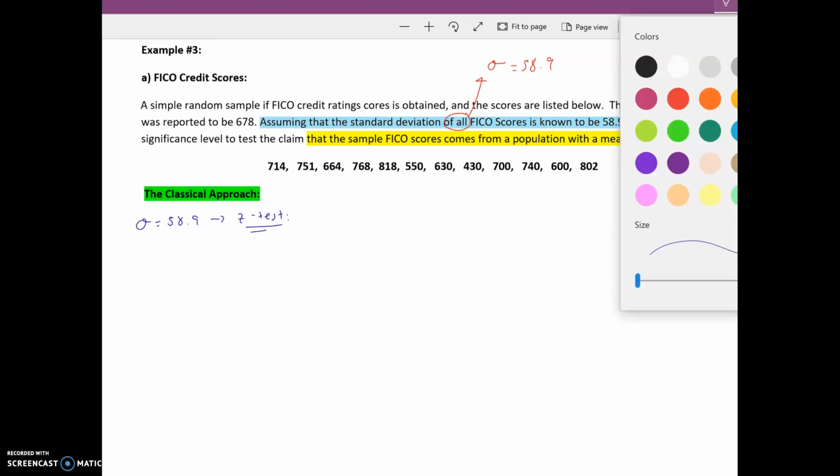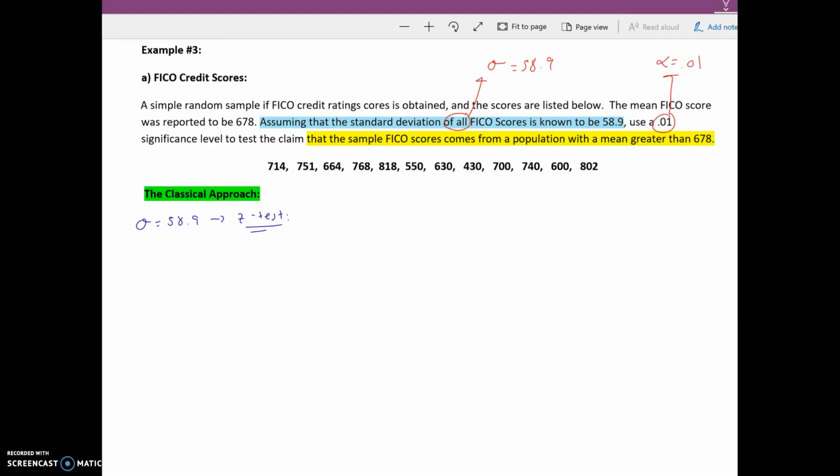Now, let's take a look at the actual claim they're providing. The claim is that the population has a mean greater than 678. So mu is going to be greater than 678, and this is on the credit scores.